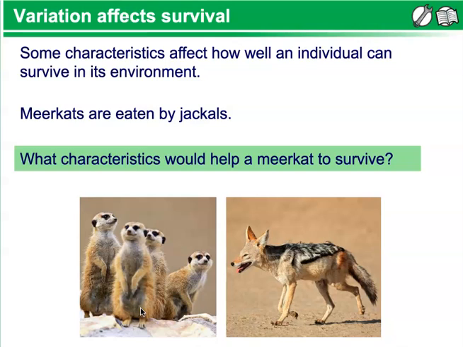Answers might include things like sharp senses of eyesight, smell, or hearing. This will allow meerkats to identify approaching jackals or other predators in the environment. Maybe the ability to run quickly once danger has been spotted, and/or the ability to defend themselves with things like sharp teeth or claws.